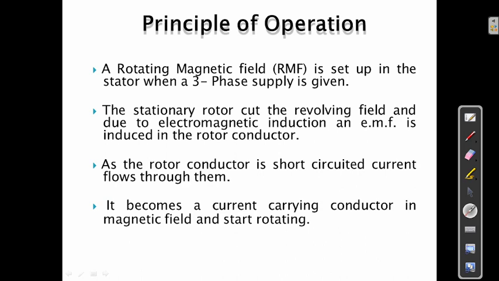Then the stationary rotor cuts the revolving field, and due to electromagnetic induction, an EMF is induced in the rotor conductor. As the rotor conductor is short circuited, current flows through it, and it becomes a current carrying conductor in a magnetic field and starts rotating.